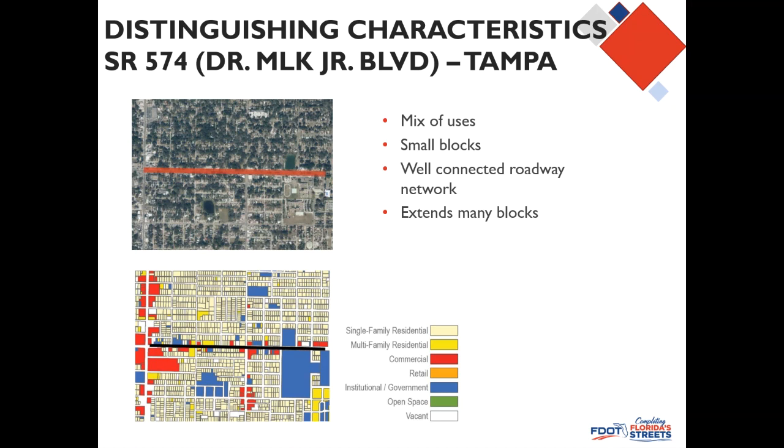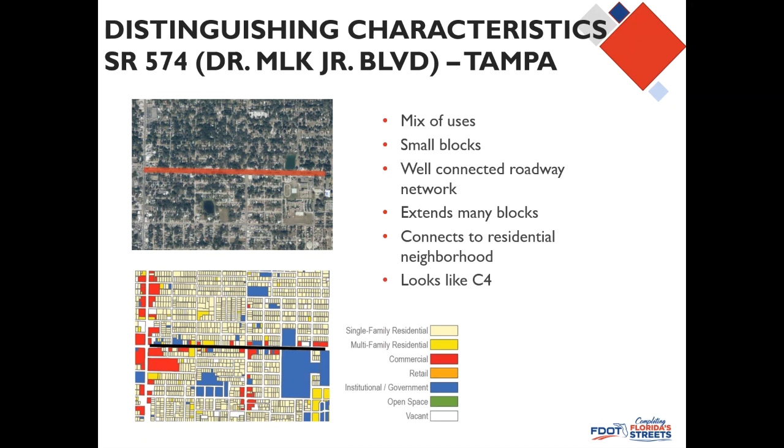We can see that this area extends for many blocks, so it's not an isolated location. That makes us think that it could be C4. We also can see that this area connects to a residential neighborhood. It has some commercial on the front, and it has residential behind. That's starting to sound like it could be a C4 condition. So we're thinking that from distinguishing characteristics, this looks like it's probably C4.